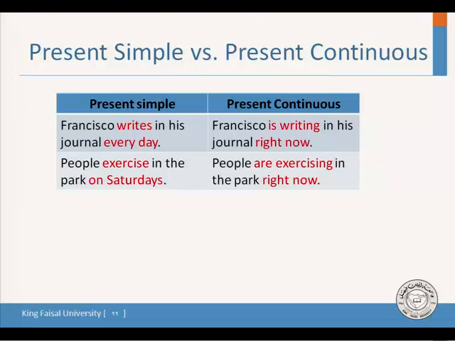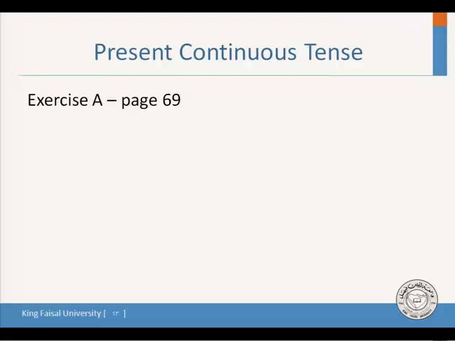Example 2, people exercise in the park on Saturdays. Every Saturday. Routine. Habit. But people are exercising now in the park right now. This is the difference between the simple present and present continuous for now. Let's do an exercise on the present continuous, ing, now.